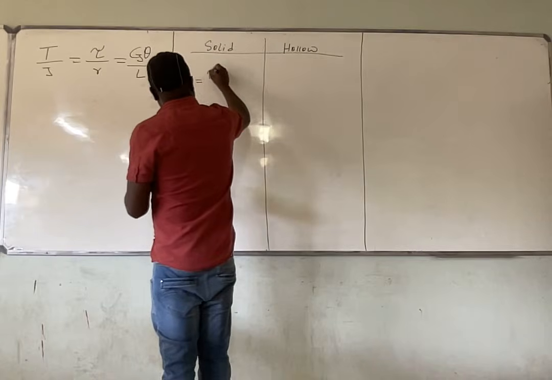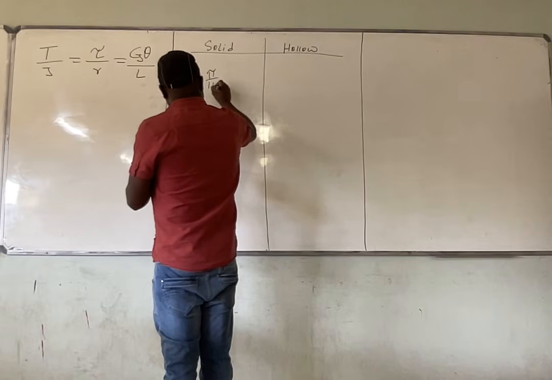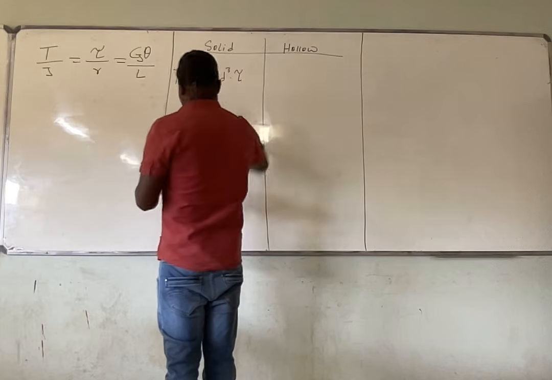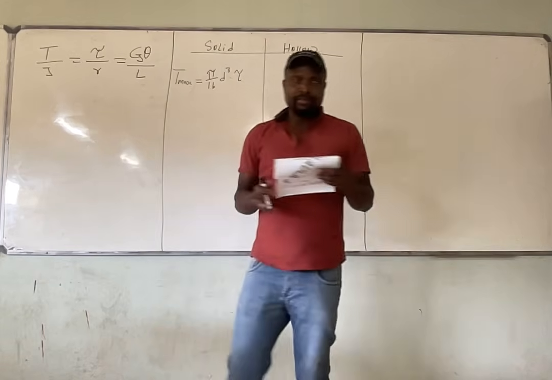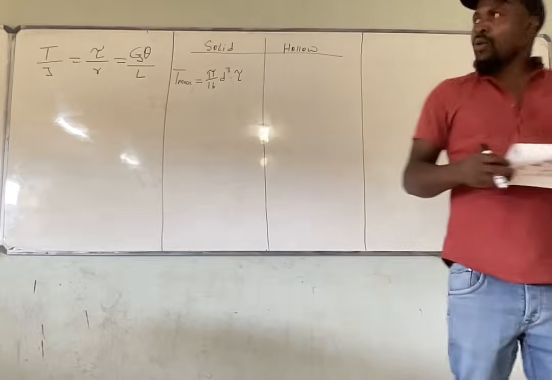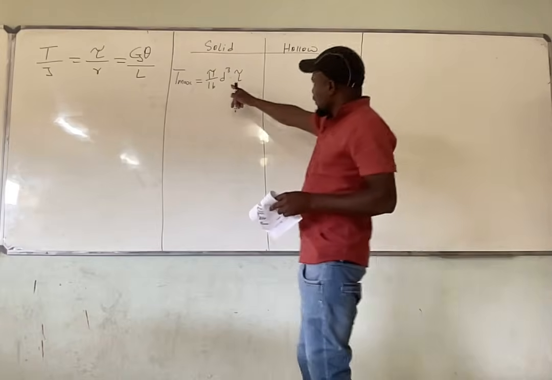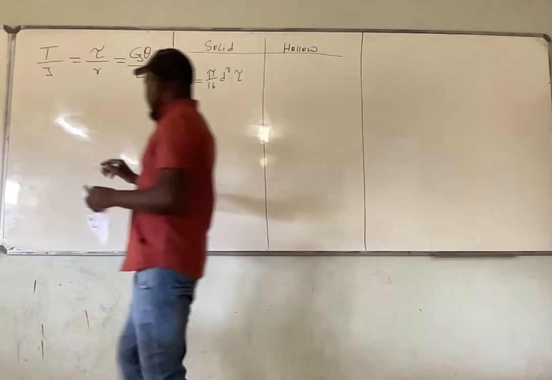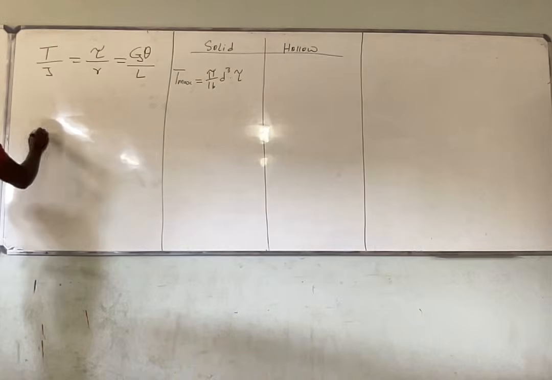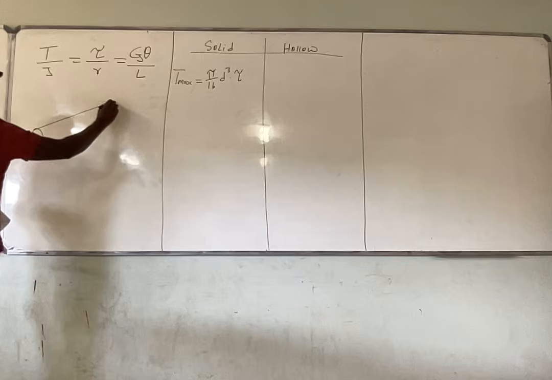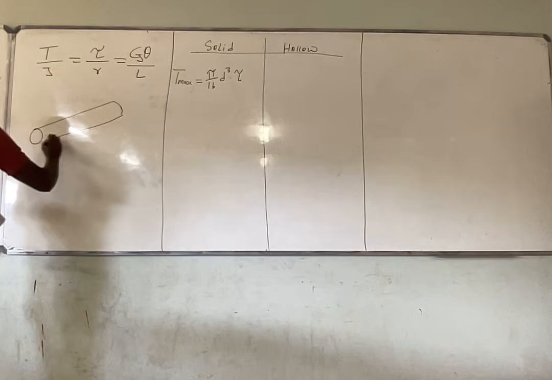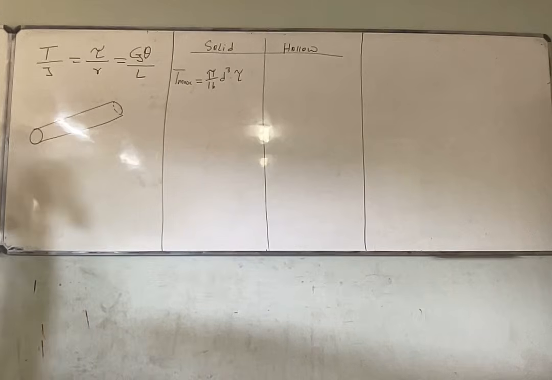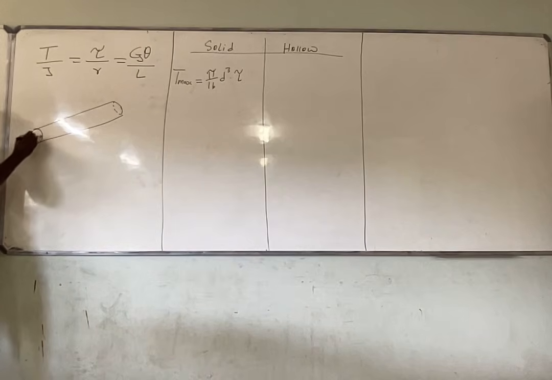It is pi over 16 d cubed times shear stress under solid. A solid shaft only has one diameter. This is a solid shaft here, with only one diameter.